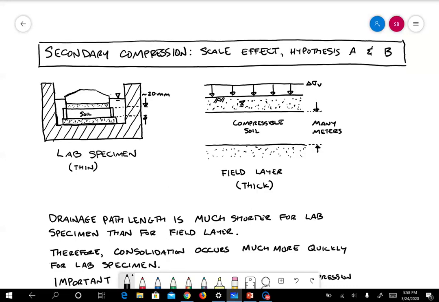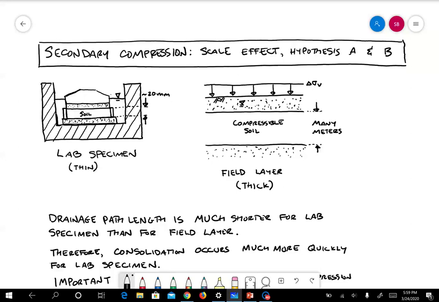So how much secondary compression happens during primary consolidation for the lab specimen might be different than the amount that happens for this field layer that's going to take many years to consolidate. And again, I'm using the definition of secondary compression here that is dE dt at constant sigma v prime.